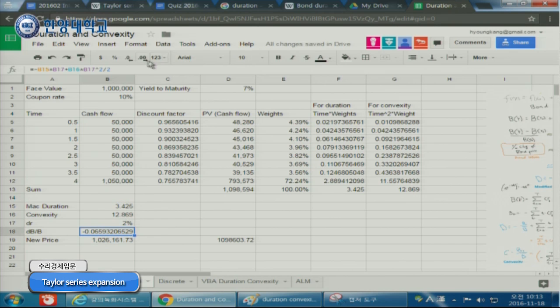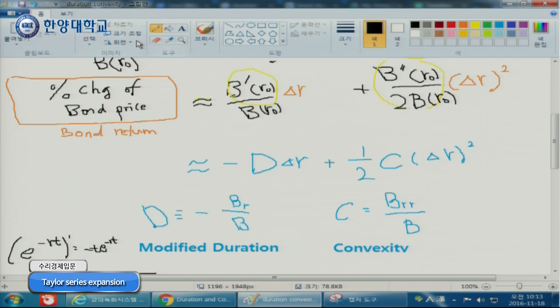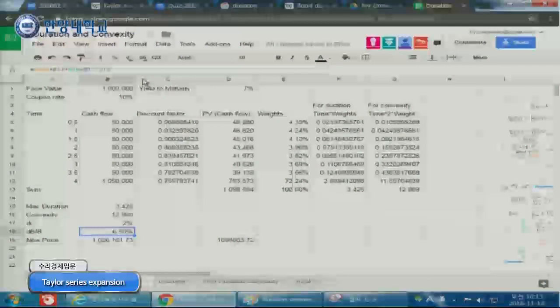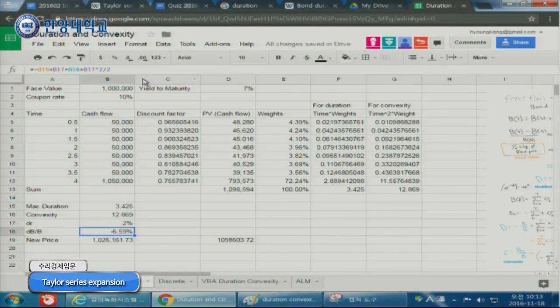So it means that if the interest rate goes up by 2%, my bond price will drop by around 6.6%. I just calculated this potential bond price change.